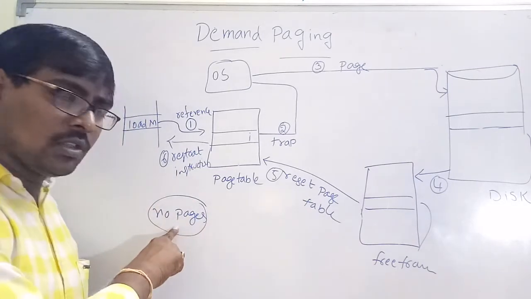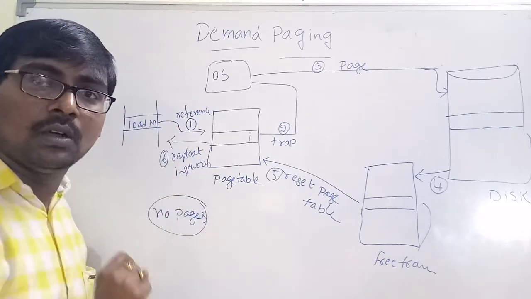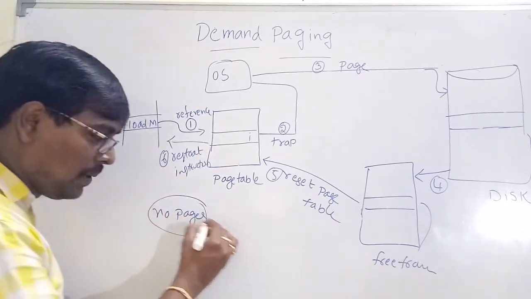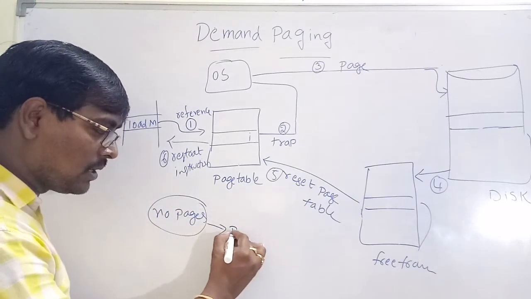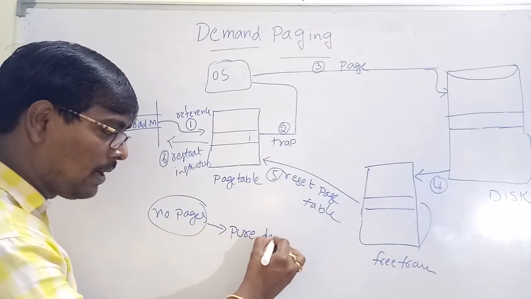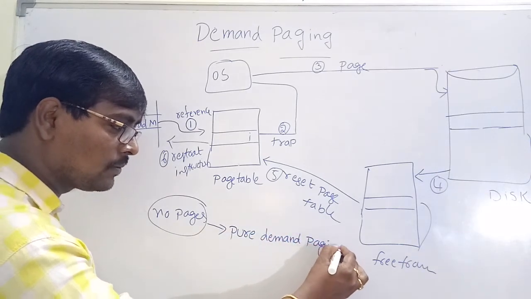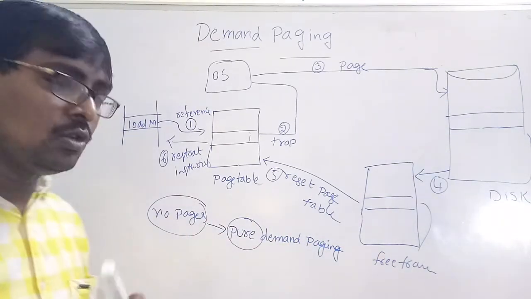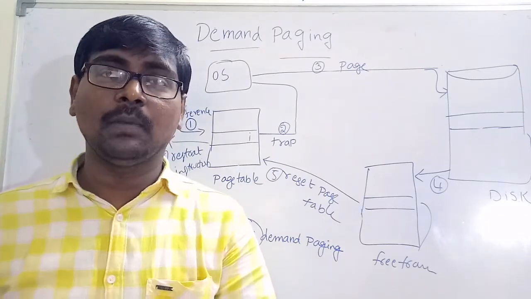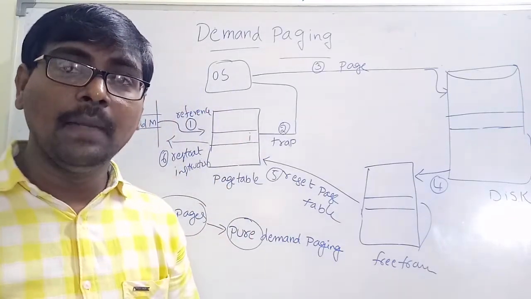That is, from the starting page onwards, we have to handle page faults. Implementing this concept with no pages in the memory is called pure demand paging. What do we mean by pure demand paging? Pure demand paging means we start our execution with no pages in the memory. Initially, no pages.